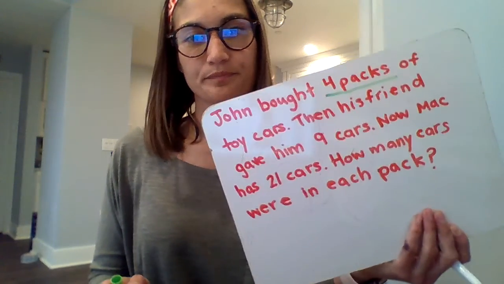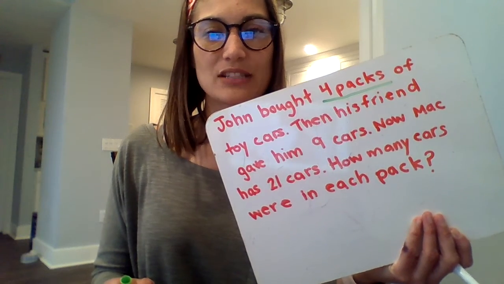So, John bought 4 packs of toy cars. The 4 packs is definitely important. Then his friend gave him 9 cars. So imagine you have 4 and then you're adding 9 to it. Draw a picture if you need to. Actually, I will.